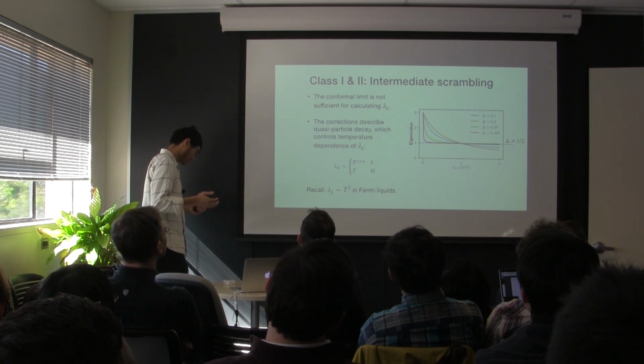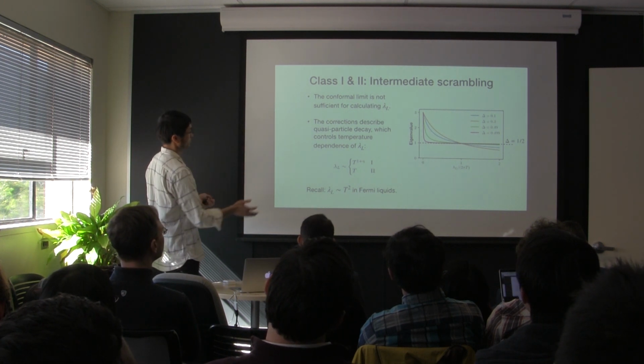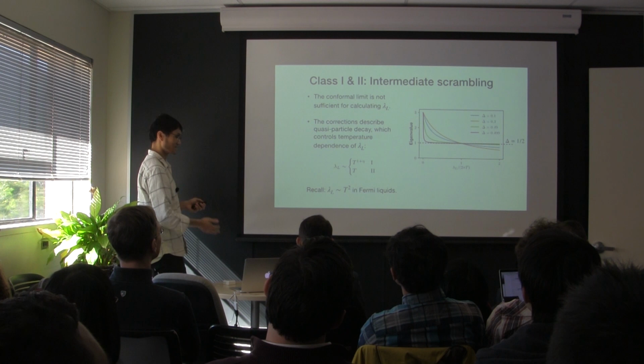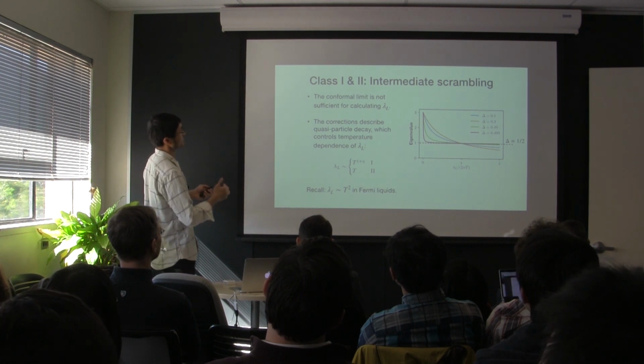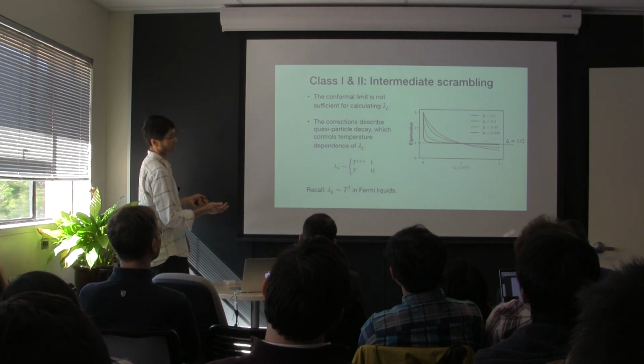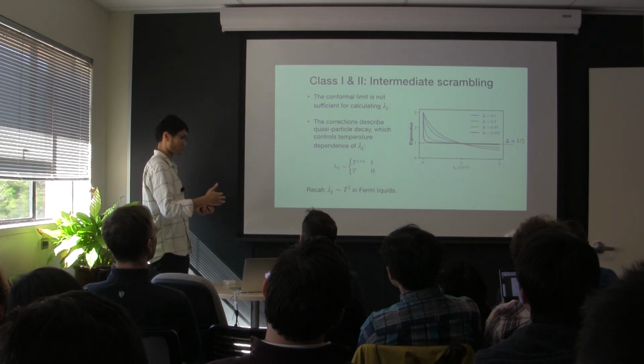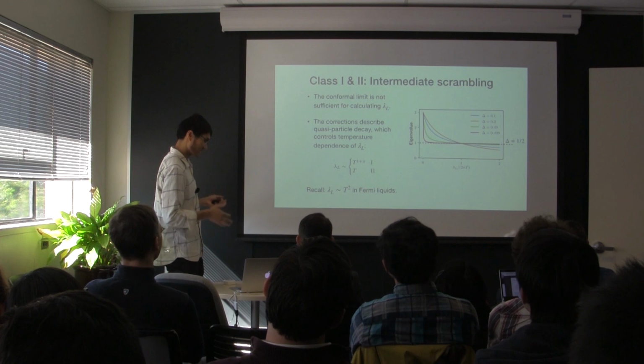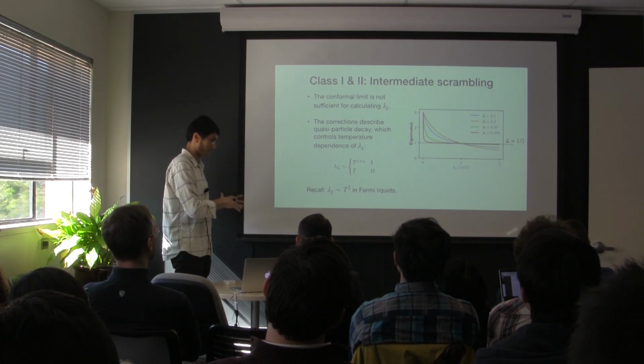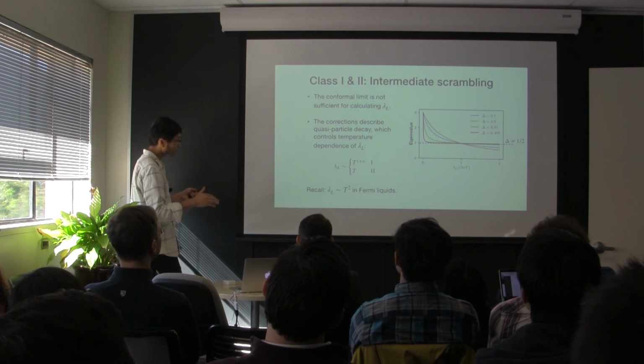Here we don't have these explicit formulas because we cannot produce them. It's even more involved than that, because you cannot just use the conformal limit to calculate the lambda L. You need to go to the subleading level, which encodes exactly this decay of quasiparticles.